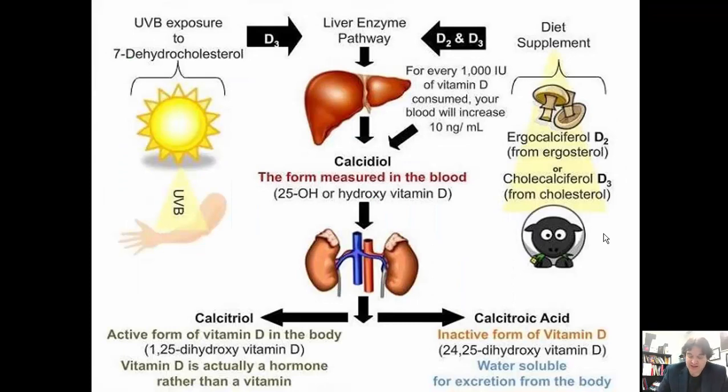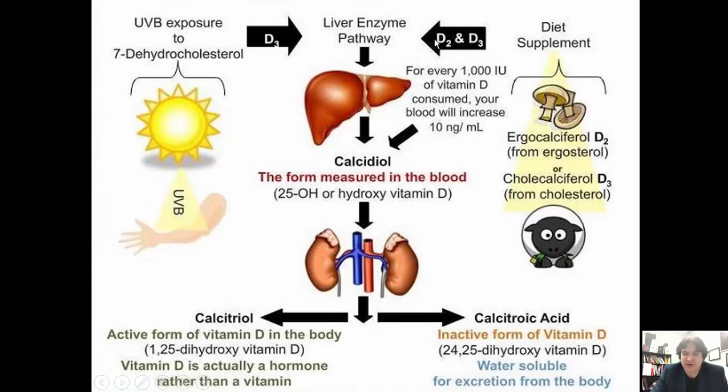Vitamins often have precursors, which are also known as provitamins, which are inactivated vitamins, and they have to be processed by the body to be activated. A good example of this is vitamin D. So when you eat vitamin D, it might be in the form of vitamin D2, it might be in the form of vitamin D3. You eat that and it's not actually activated yet.